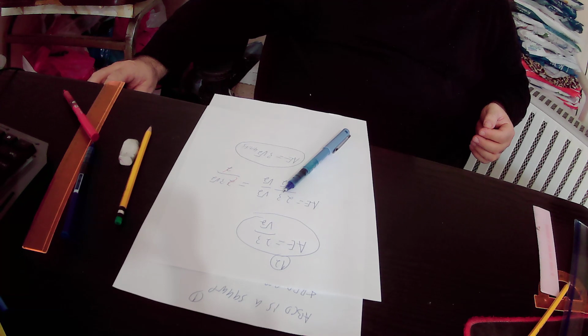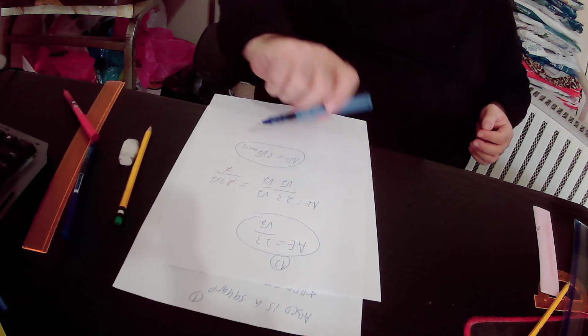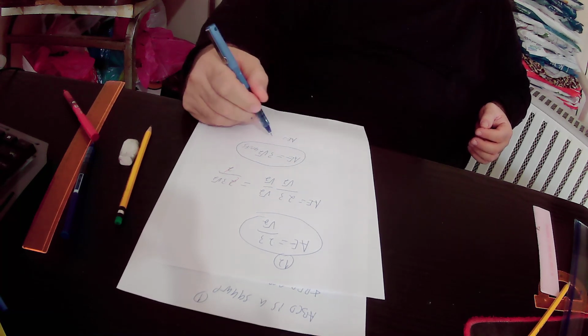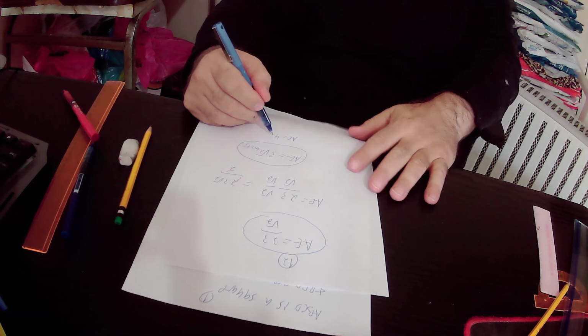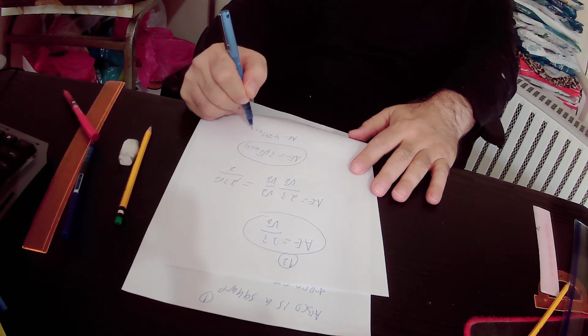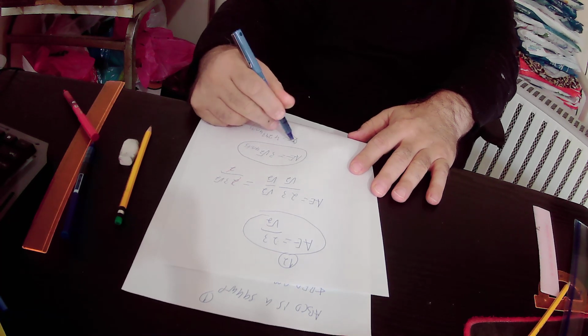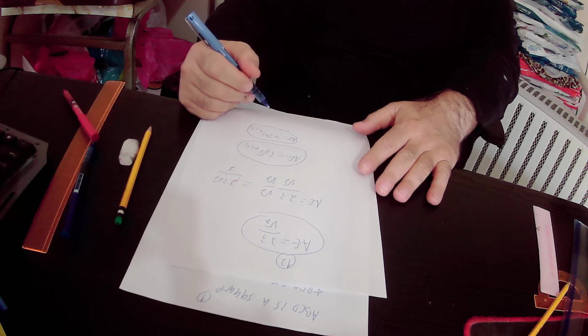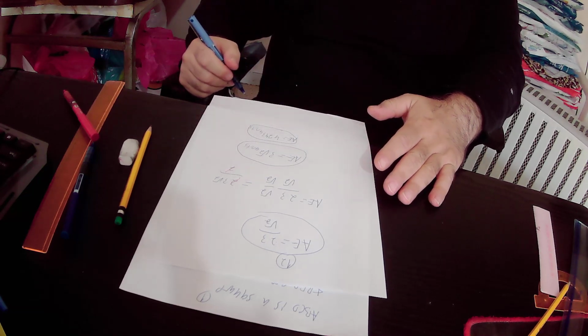AE equals 3 times root 2 units, or in terms of numbers, AE equals 4.243 units. So we have two different ways to present the same answer.